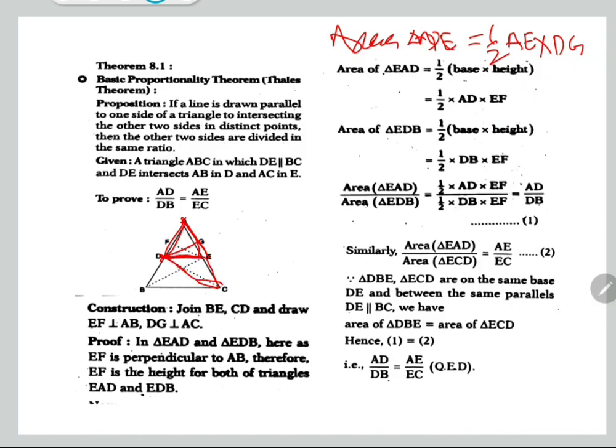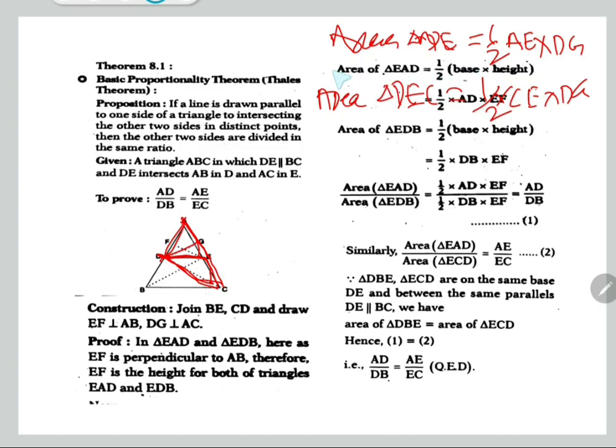And the area of DEC, from DEC, area of triangle DEC is equal to 1/2 height into base. Base is CE and height is DG.